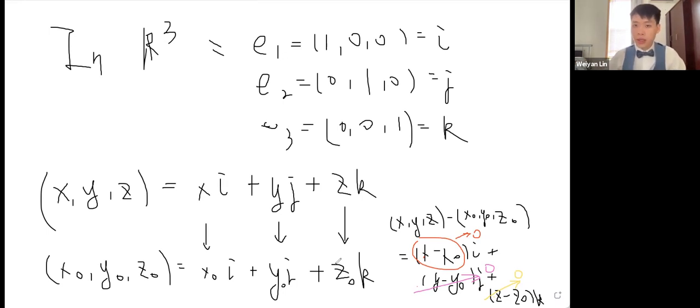So that's the power of the standard basis: the representation is unique. If you have another representation of the same vector, these two representations have to be the same. Does that make sense?